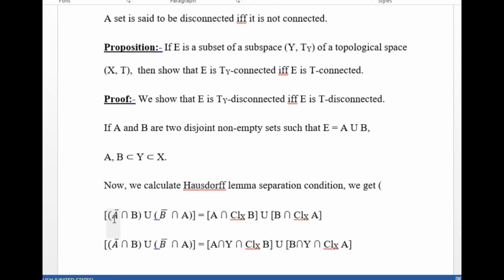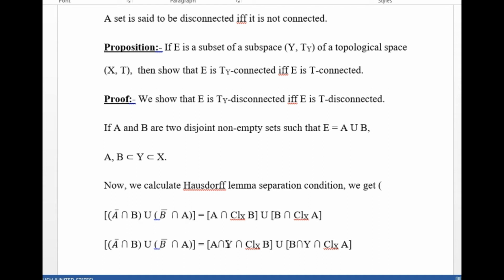We get (A closure intersection B) union (B closure intersection A) is equal to (A intersection closure of B in X) union (B intersection closure of A in X). Now this is equal to (A intersection Y intersection closure of B in X) union (B intersection Y intersection closure of A in X).